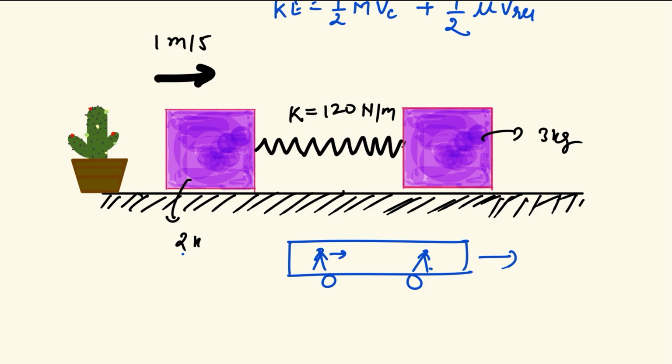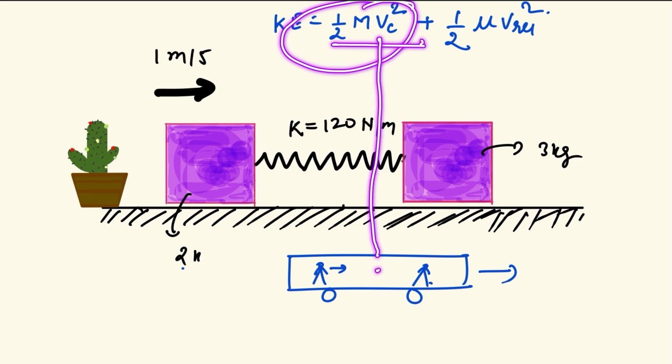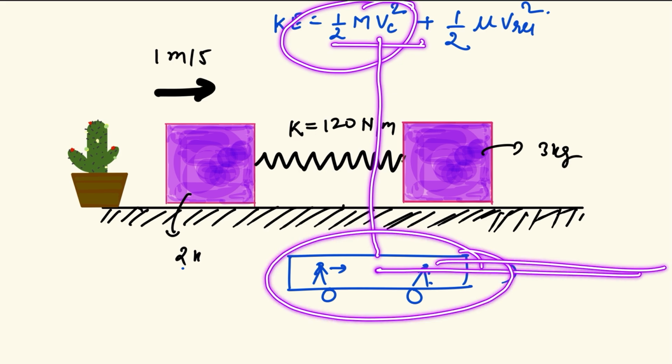So you can see here this whole train is moving in a forward direction, so the center of mass is also moving in this forward direction. So the first term is the kinetic energy associated with the center of mass, because the whole system is moving in the forward direction. That is the kinetic energy.